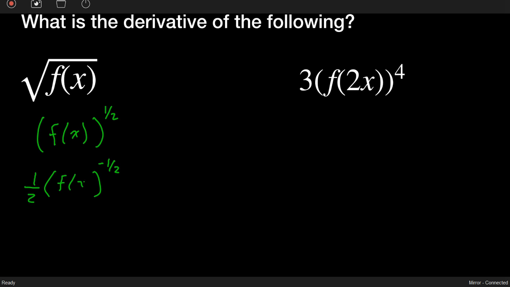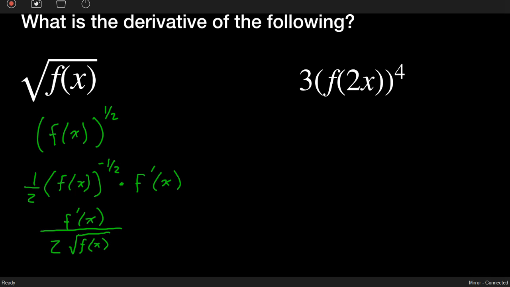Remember, the inside part stays the same right here, but then you multiply by the derivative of the inside part. And this could be simplified a little bit by making this f prime over 2 square root of f of x.